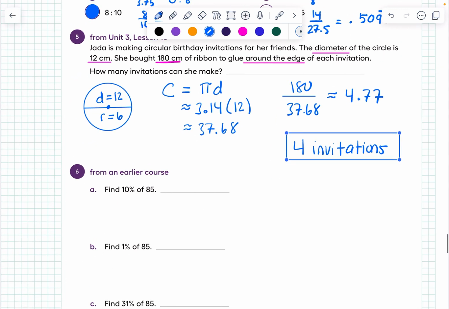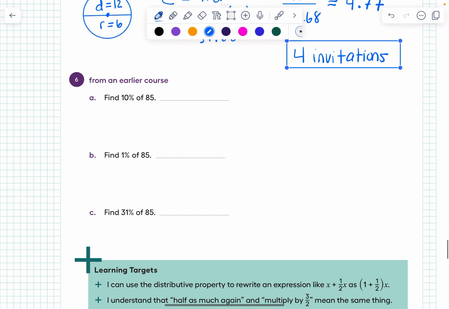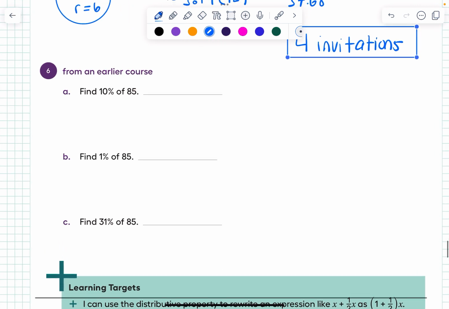Okay, number 6, and the last one. On A, it says find 10% of 85, B says find 1%, and C says find 31%. There are so many different ways that we can do this. I'm going to take the percent to a decimal. So I have 10 divided by 100, which is 0.1.